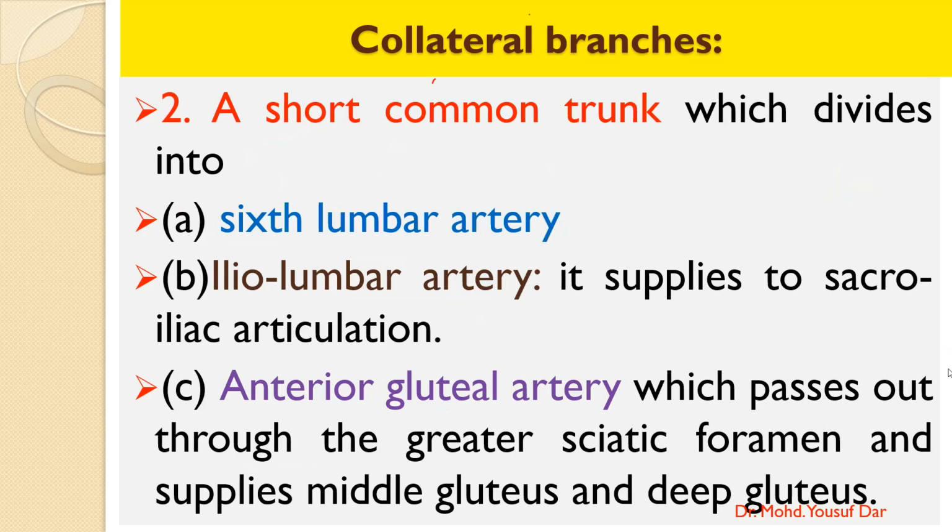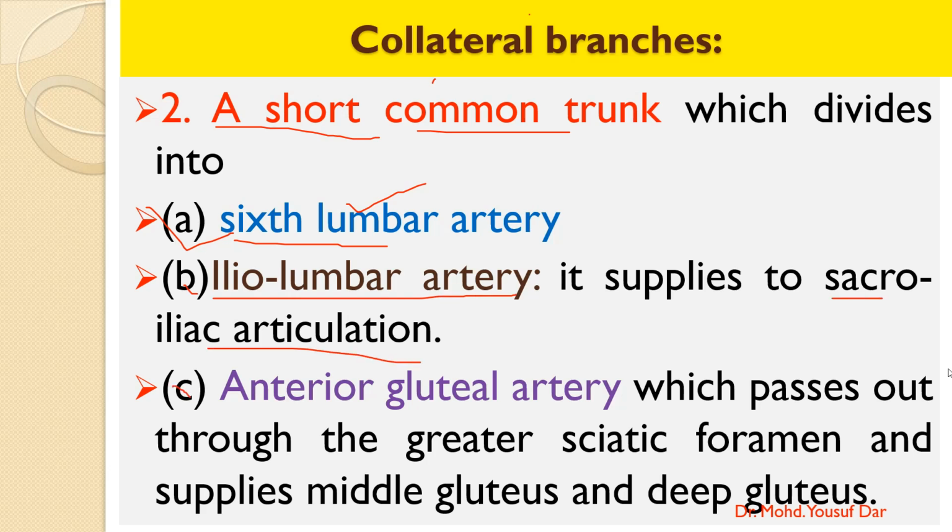The second collateral branch is a short common trunk which divides into the sixth lumbar artery. The first five pairs of lumbar arteries arise from the abdominal aorta, while the sixth one arises from the internal iliac artery. Then the next is the iliolumbar artery. It supplies the sacroiliac articulation.